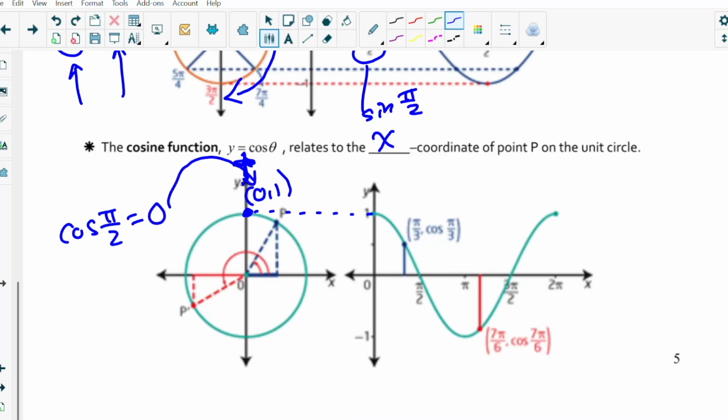Well, that is the x coordinate. So this coordinate here is (0, 1), and that, my friends, is the x coordinate on the unit circle, translated over to the cosine function. Okay.